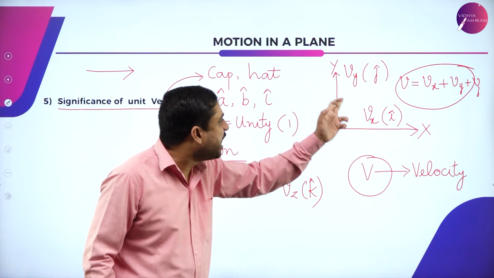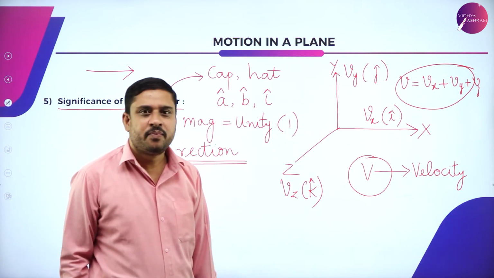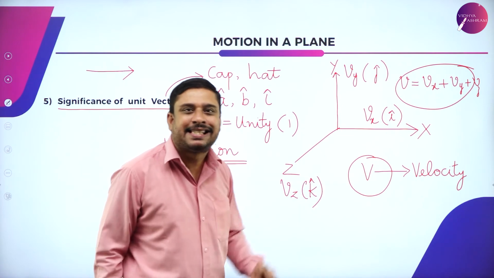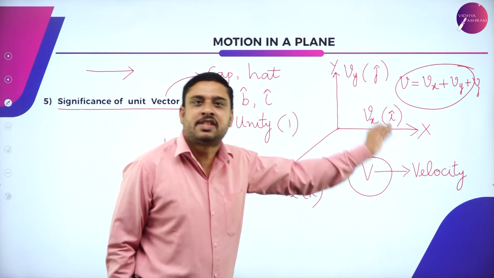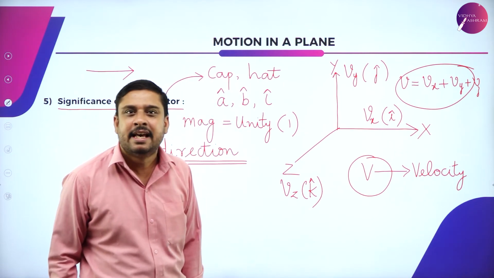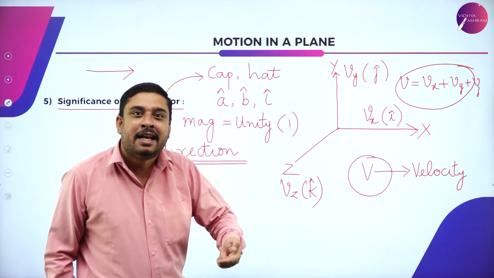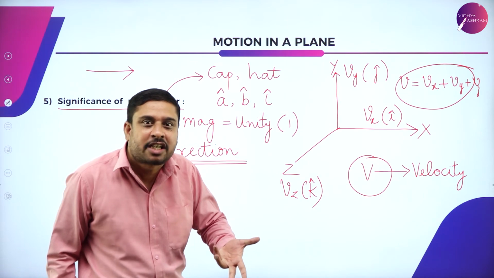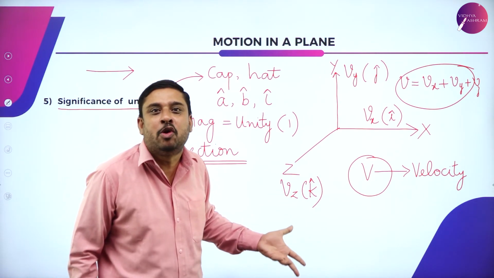Vx plus Vy plus Vz. Velocity along the x-axis plus velocity along the y-axis plus velocity along the z-axis gives me the total effect of what V is producing.